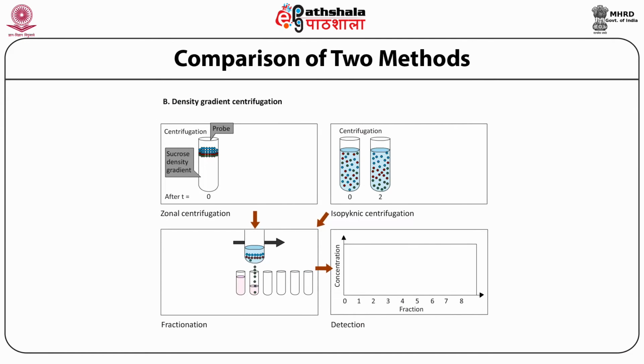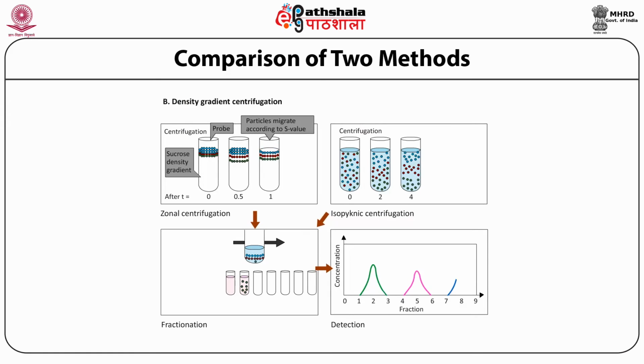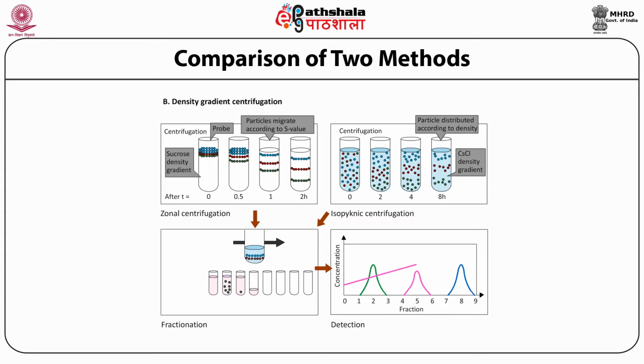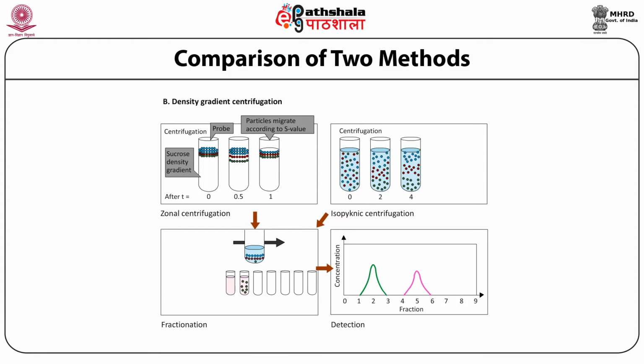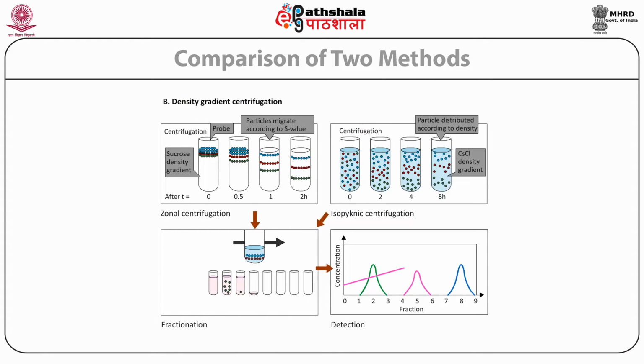Molecules settle in the form of bands in the sodium chloride density gradient, and can be taken out as fractions, and their optical density or some other parameter is plotted against the fractions, and that is used for the analysis.